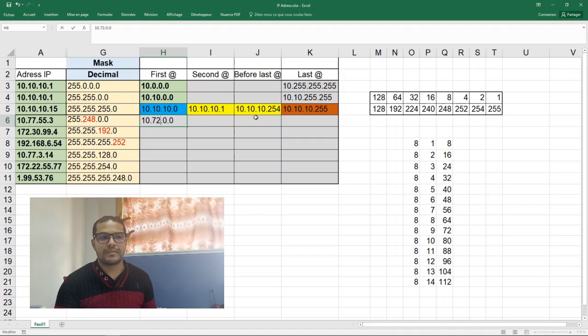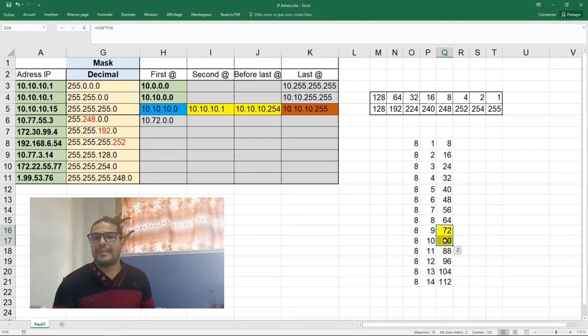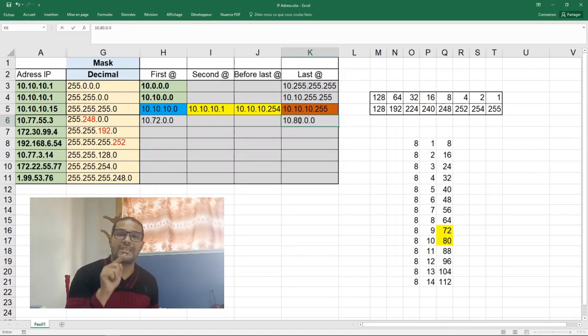For the last IP address, I'm gonna take the next number after 72. Let me highlight this too. It's 80. So the last number here is gonna be 10.80.0.0. Wait, but this address is gonna be in the next subnet.